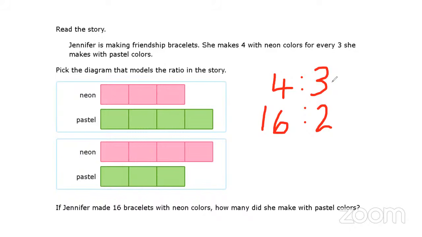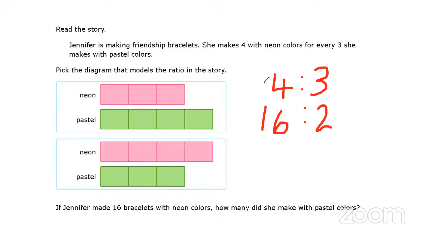So if you look at the relationship here, someone had mentioned that we divide 16 by 4, and that is what we can do here. So we divide the 16 by 4 to see how many parts of neon there are to pastel.